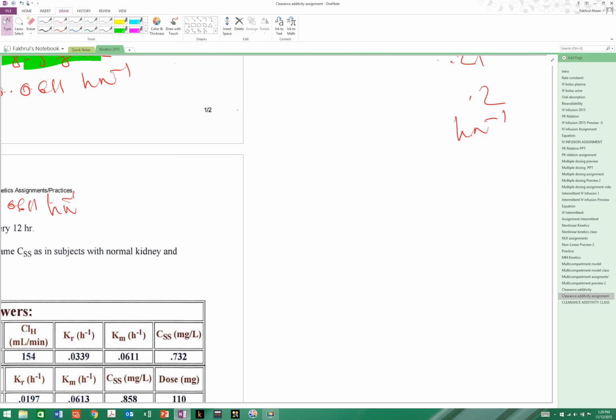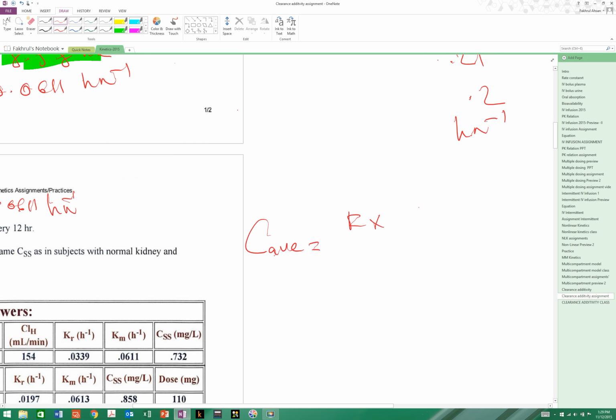C average is equal to F times dose by tau divided by CL.